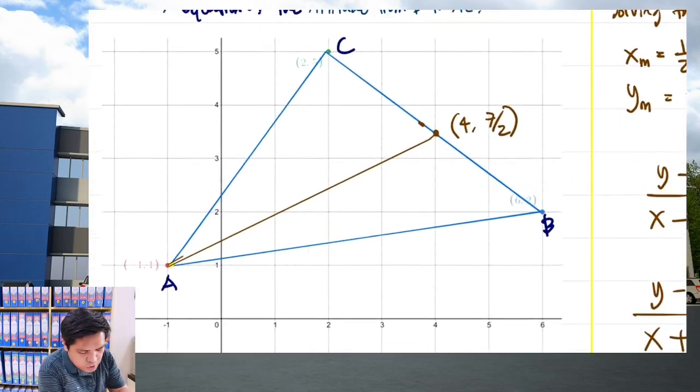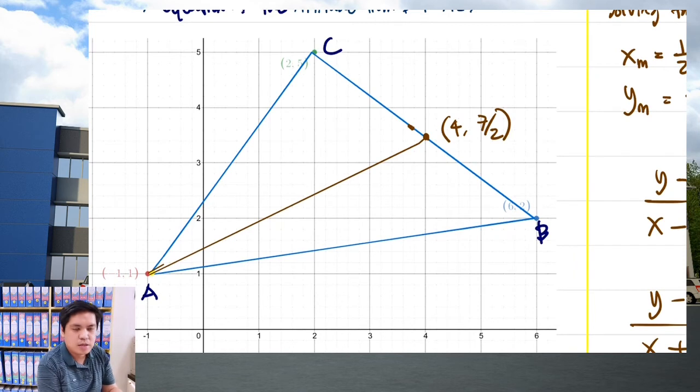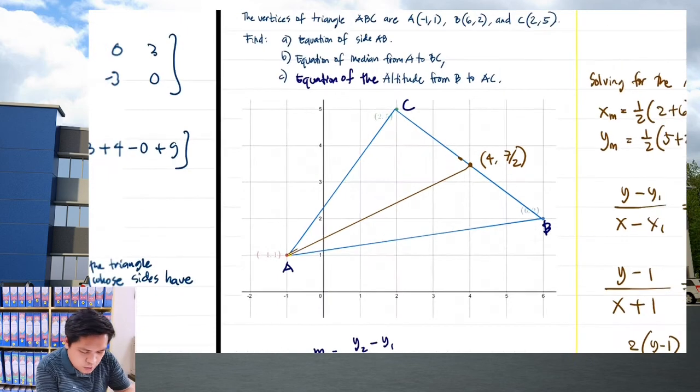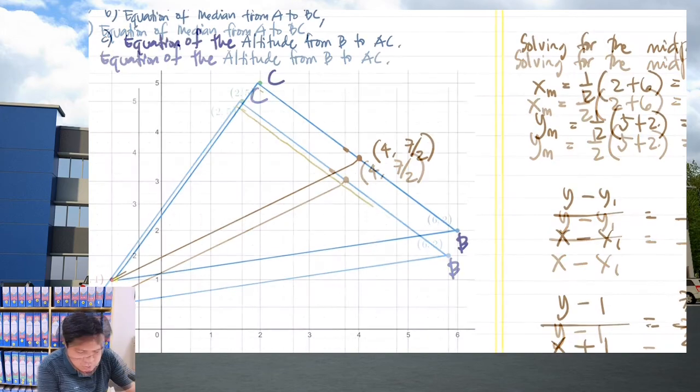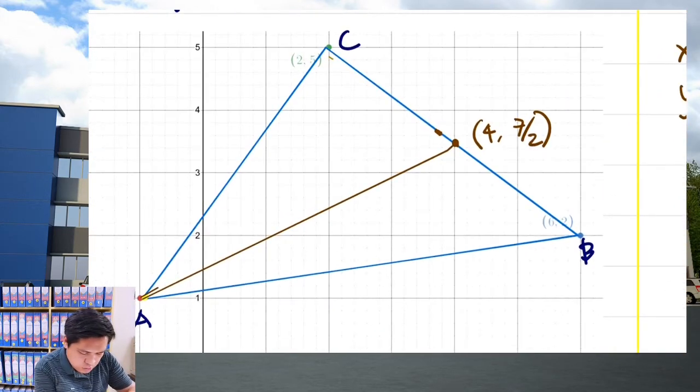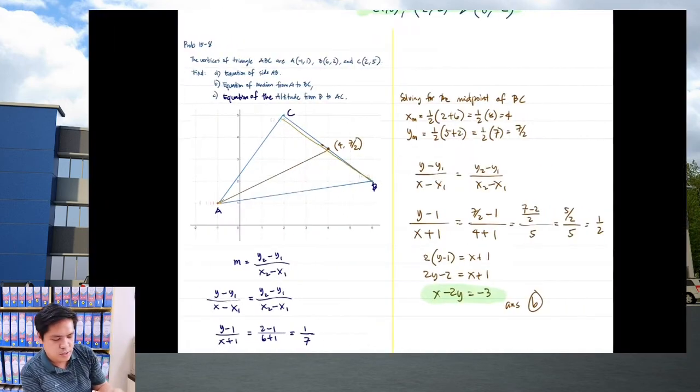When we say altitude, that is the perpendicular distance. So the altitude is perpendicular to AC. It's hard to draw accurately, because it's very close to 90 degrees.